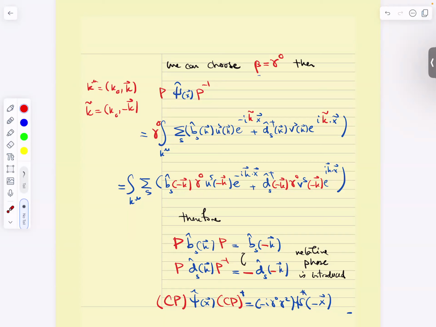So let's go back. What does C do? C was swapping b and d. That's all it did. No action on k. P sends b to b, particle to particle, antiparticle to antiparticle. Of course, the minus sign has to be there, because it's acting in space. But it treats the particle and antiparticle asymmetrically, adding an extra sign.